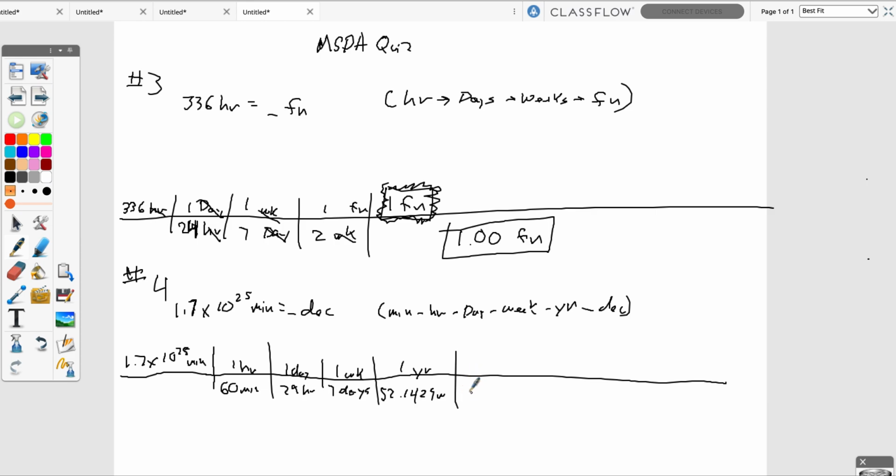And then we have 10 years makes up 1 decade. So now we just need to math all that up.